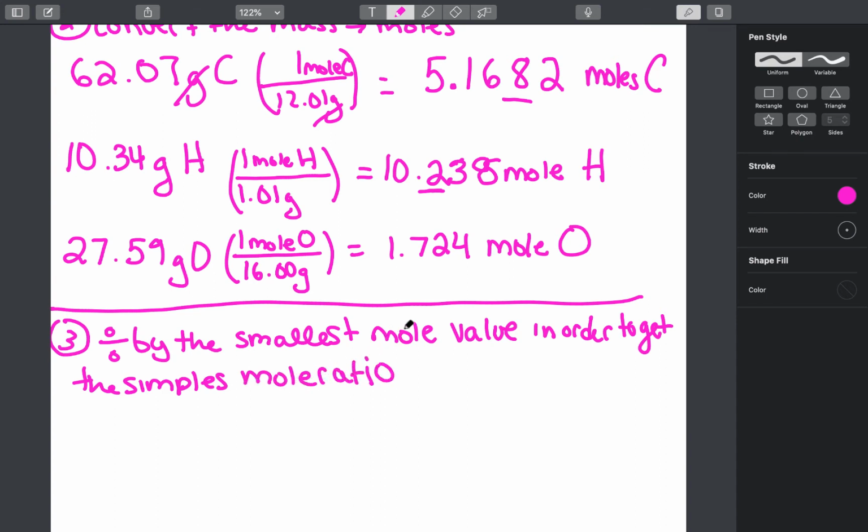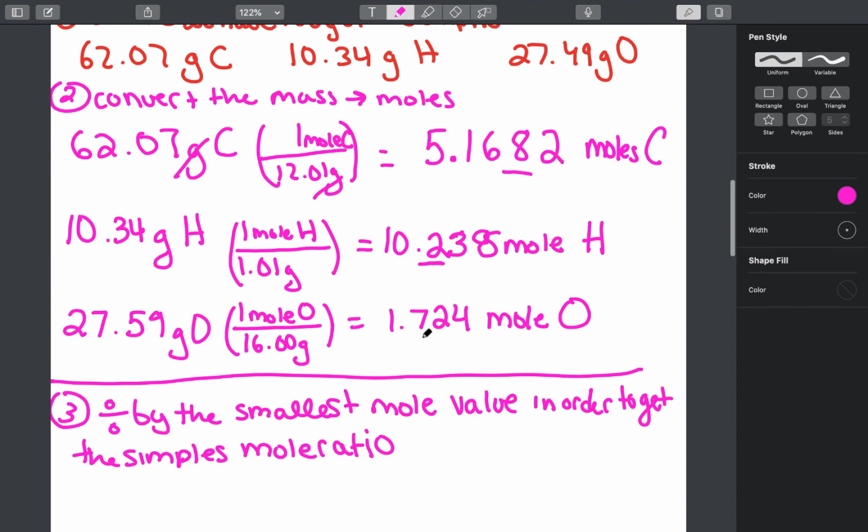So in other words, we divide every single number by the element that has the lowest number of moles. So in this case, we'd use oxygen. So in this case, we divide every single number here by 1.724 moles.